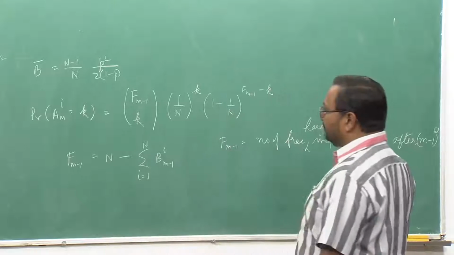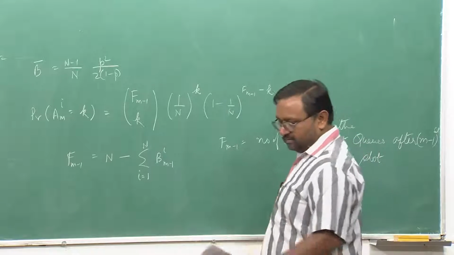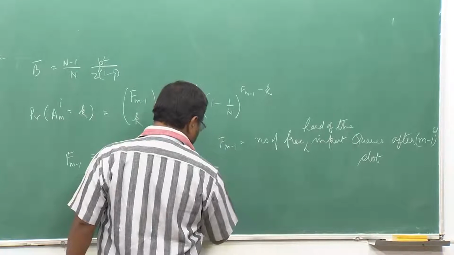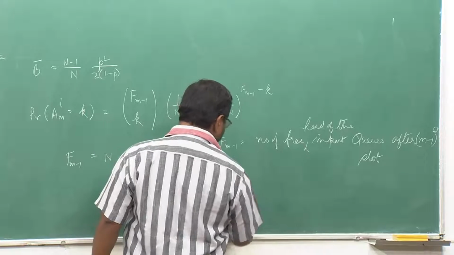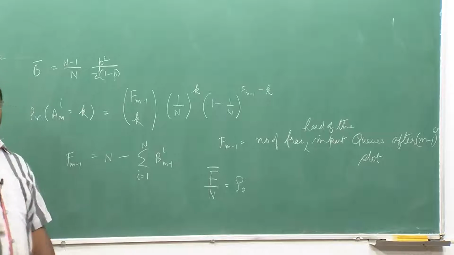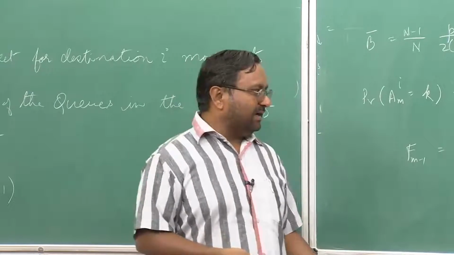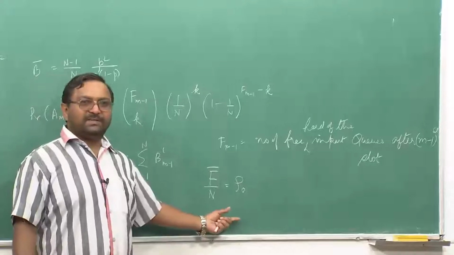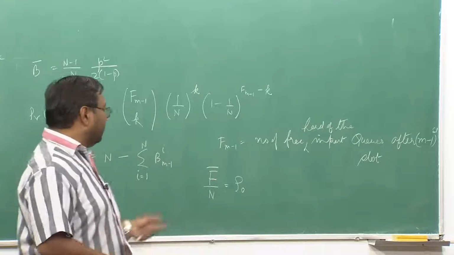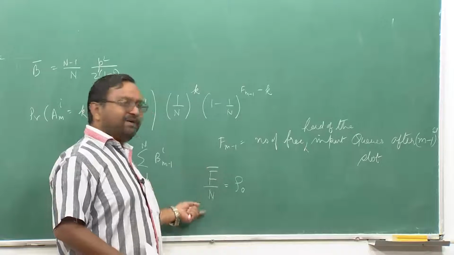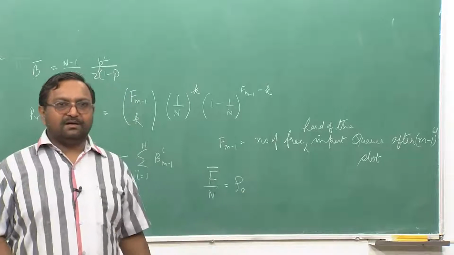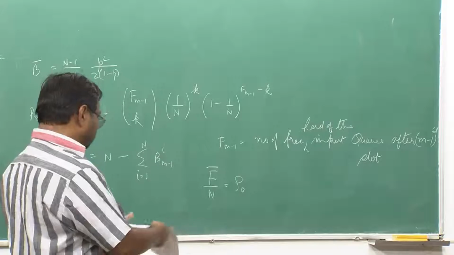And these are also the queues which will have the new packets, these many of them. So you can write F bar by n, that should be the utilization of the line. At any point, utilization is technically how many packets. So for any outgoing line, this should be the load. These many packets should be going out, and I need to find out what this rho naught is. If I can find the average value of this and then divide by n, that is the fractional utilization for n lines for the whole switch. That will become rho naught.